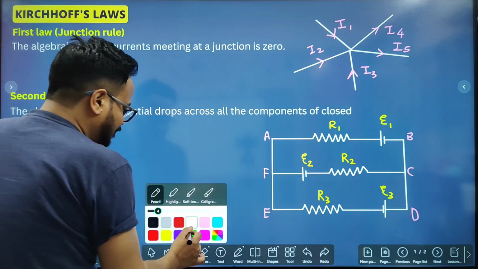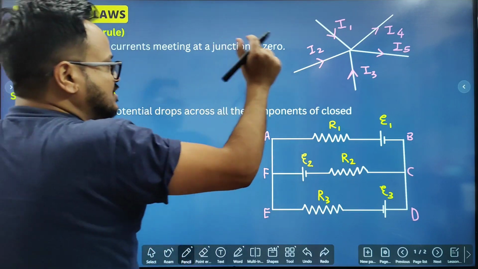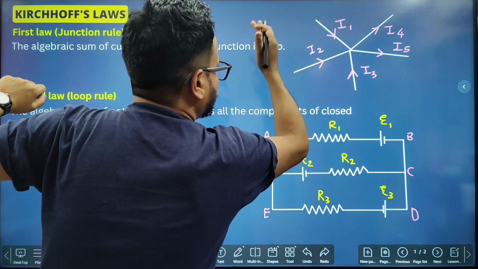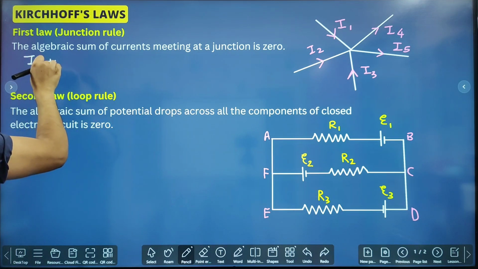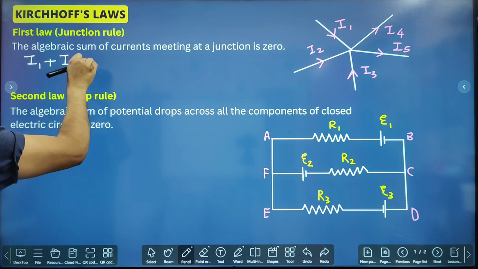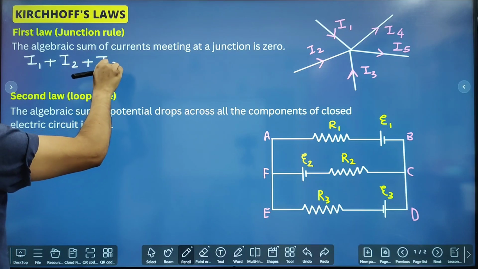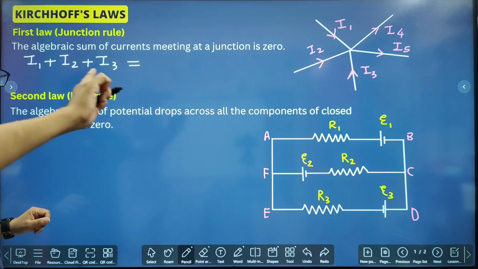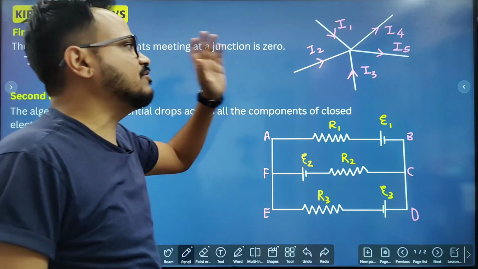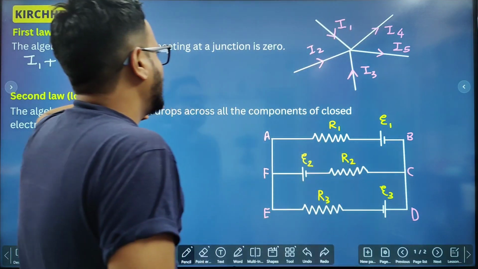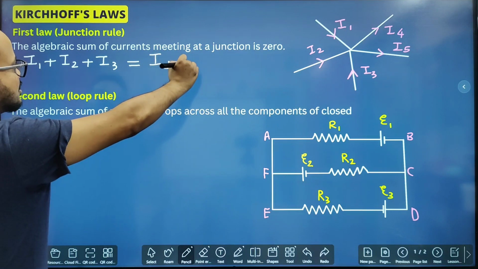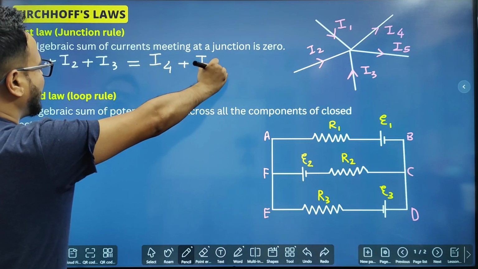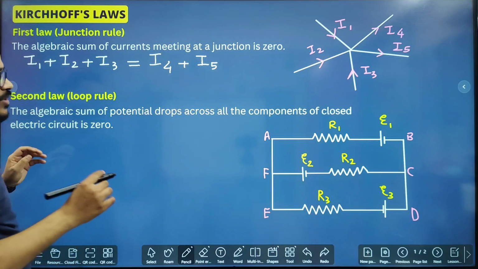Let us see how. Total current which is coming towards the junction is I1 plus I2 plus I3. So we write I1 plus I2 plus I3 equal to the total current which is leaving the junction, and the total current which is leaving the junction is I4 plus I5, right?